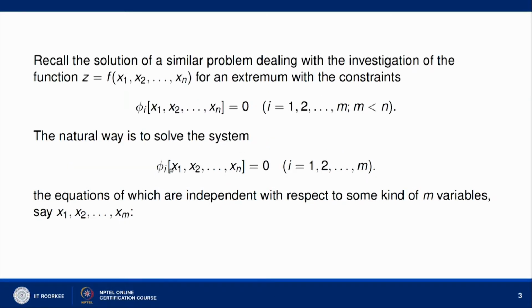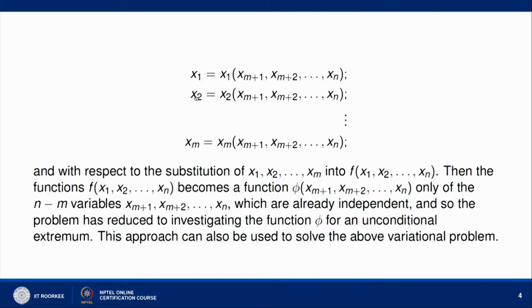So if phi i are independent, we can solve them as x1 as a function of xm plus 1 to xn, and similarly xm as a function of xm plus 1 to xn. By doing this, the function f of x1 to xn is reduced to a new function phi, depending now on only n minus m variables, xm plus 1, xm plus 2 up to xn.